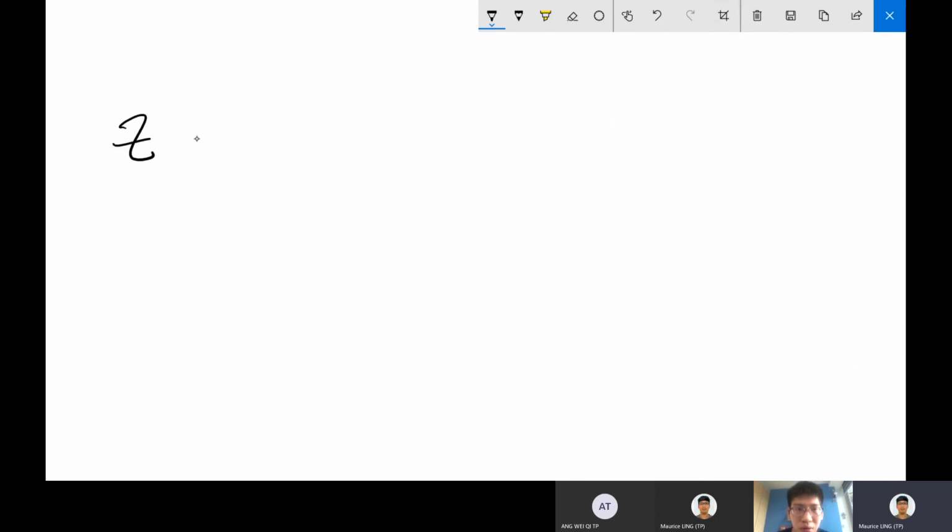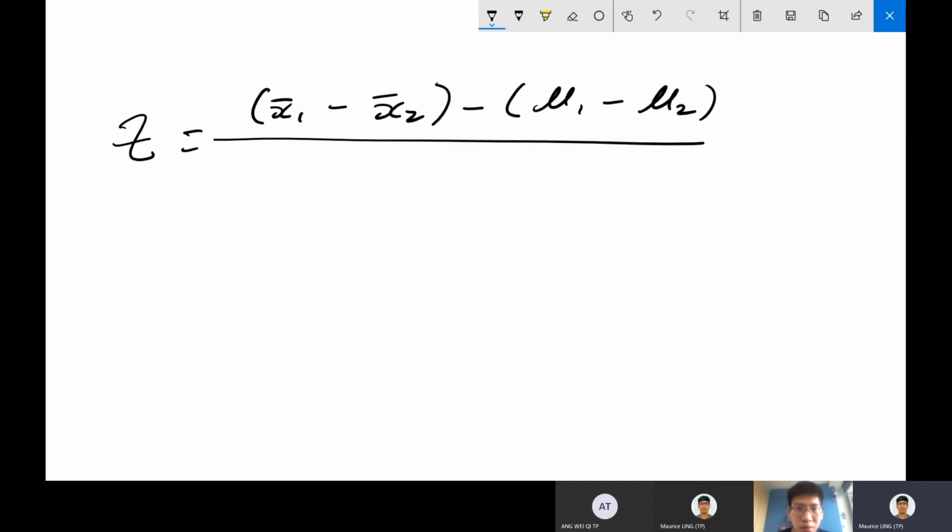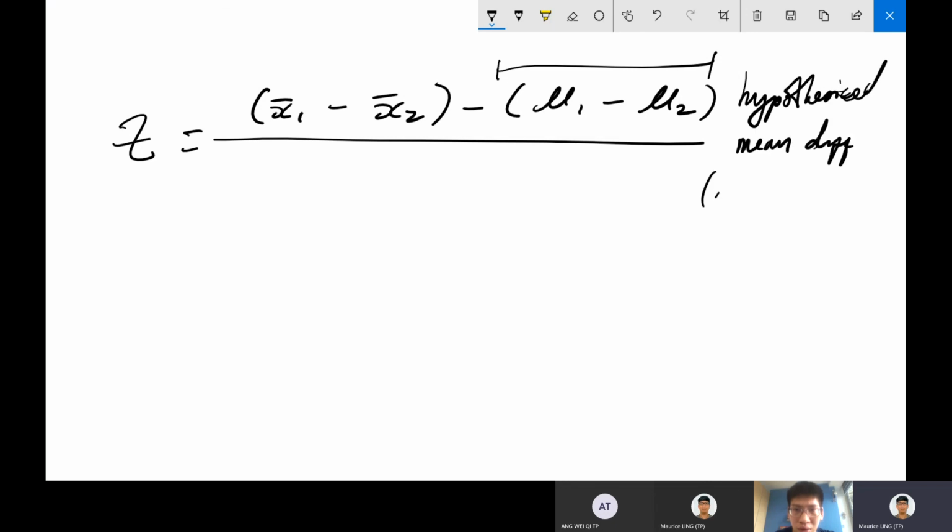So the whole Z will be x bar 1 minus x bar 2 minus mu1 minus mu2, then you have your division by something else. This is your hypothesized mean difference. Usually it is 0, may not always be 0.